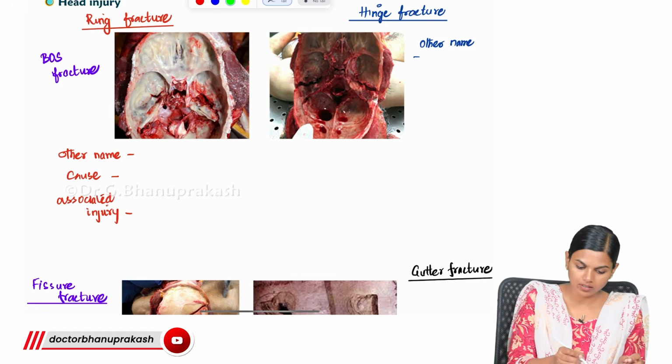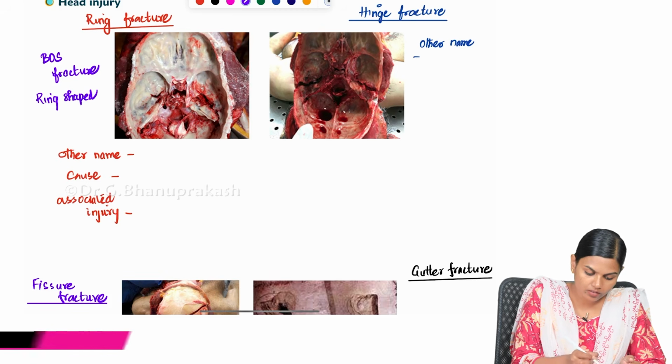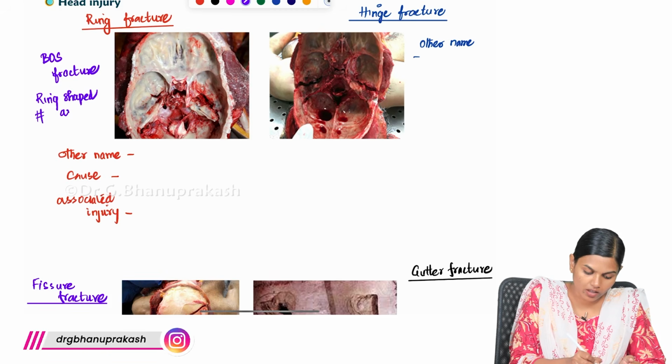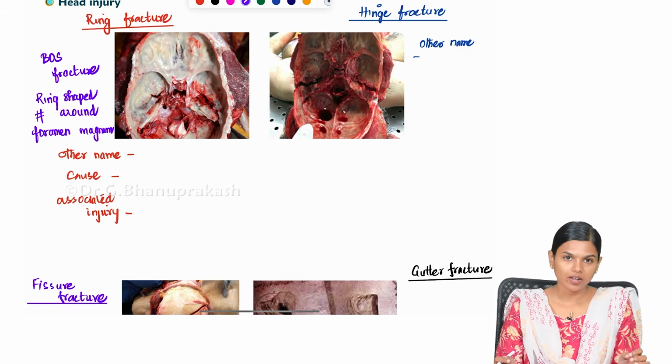So you will basically see a ring shaped fracture around the foramen magnum. This is the ring fracture, also known as base of skull fracture.